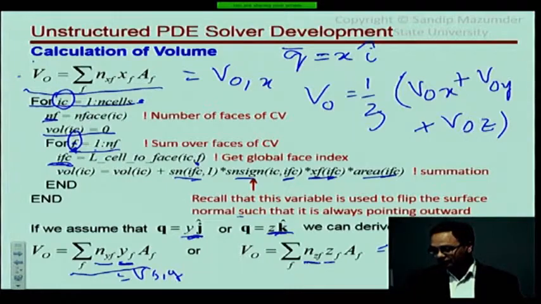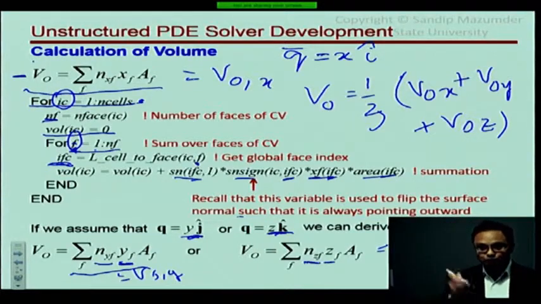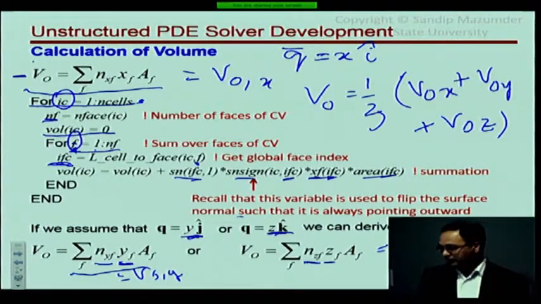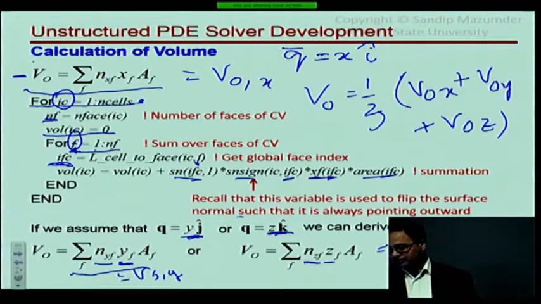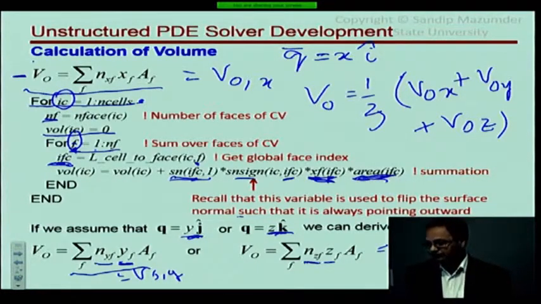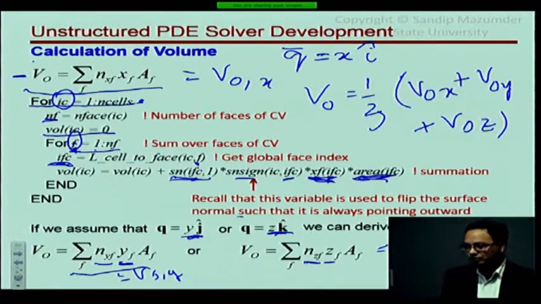The divergence theorem presumes that the surface normals are all pointing outwards in the control volume. So that's all this is doing. It's just getting that global face index. Once you have that, you use your surface normal, x coordinate of the face center, and then the area to do that summation. Add it up, and that's the volume of each control volume.